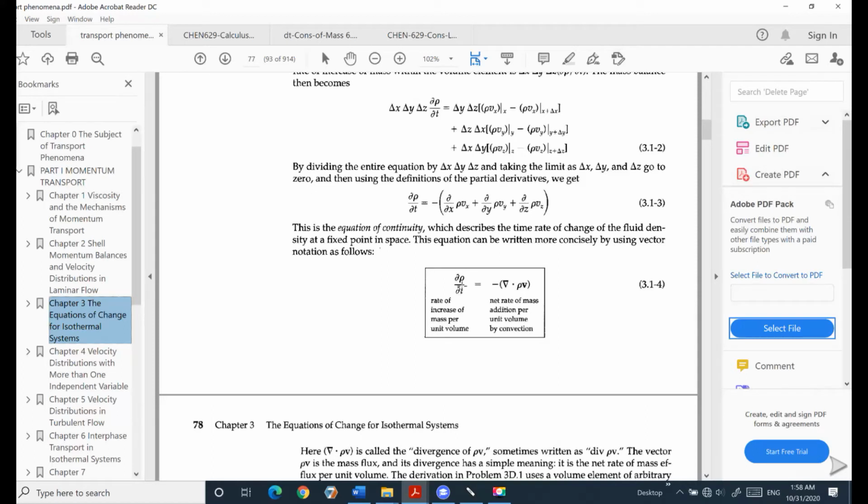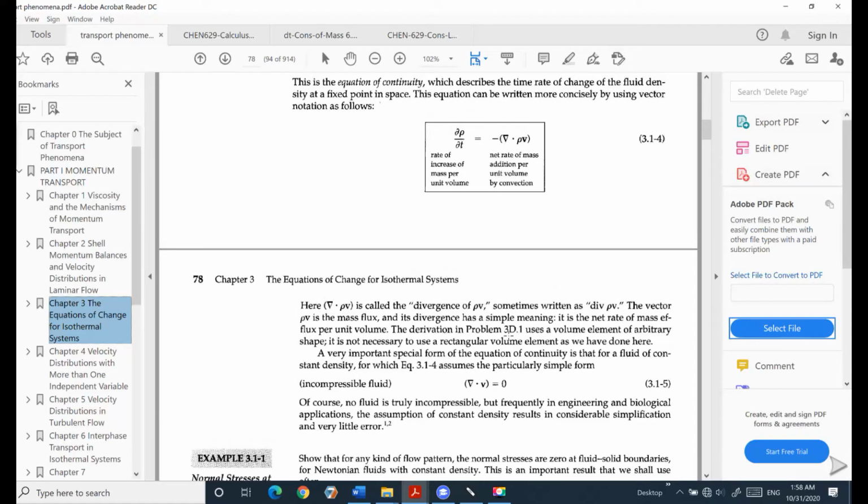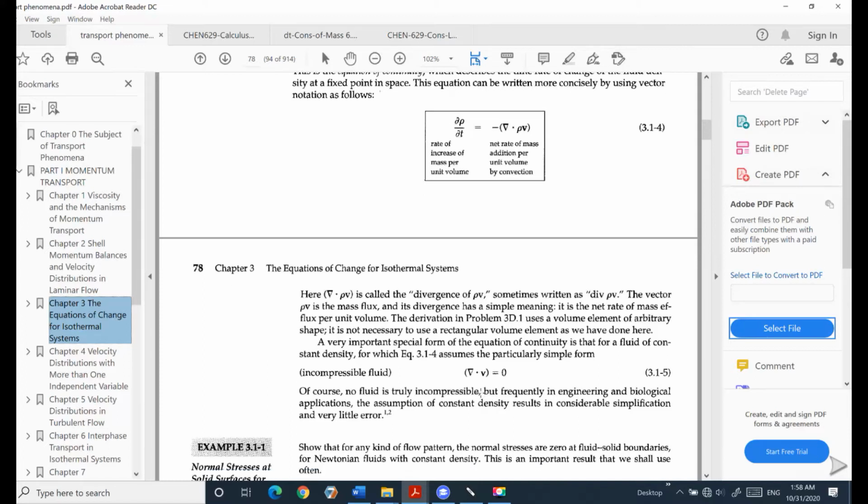The physical meaning: the left side is the rate of increase of mass per unit volume. The right side is the net rate of mass addition per unit volume by convection. This term is the divergence of rho v.